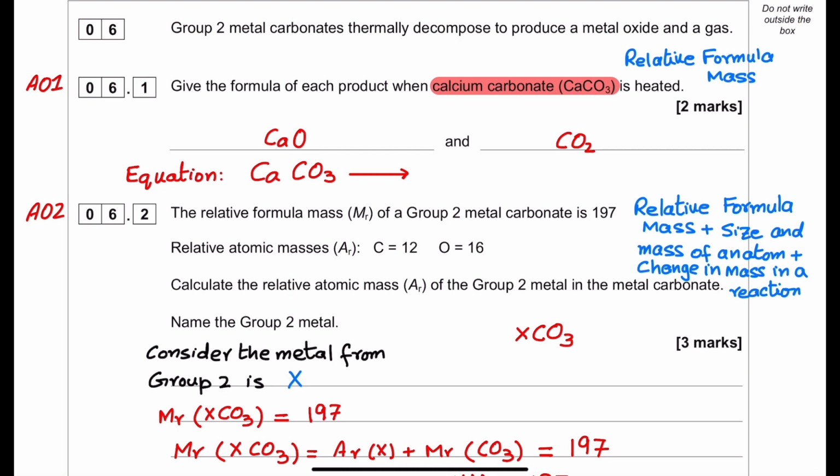So we can use the given information, 1 carbon atom and 3 oxygen atoms, their masses are already given here. So we are going to use the relative atomic mass of carbon, which is 12, and the relative atomic mass of oxygen, which is 16.